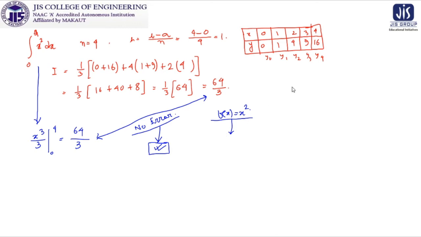So here our target is to make the problem into this direction, that first of all you make the calculation of x cube dx and find out the result of this integration in the exact form as well as in Simpson's one-third rule.